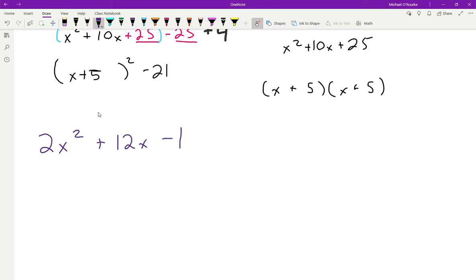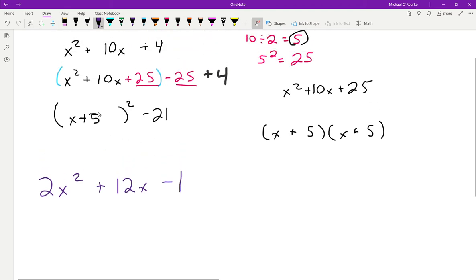Now, can you tell me what the difference is between my 2 original equations right now? Can someone write in chat or tell me what the difference is between those 2? Good. The numbers won't add up to that.